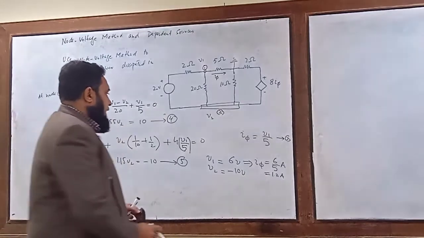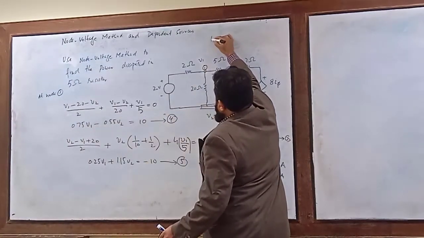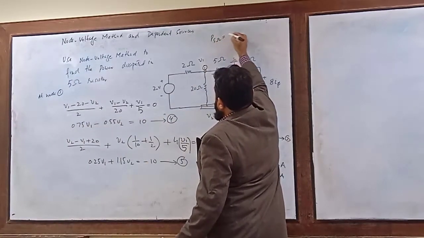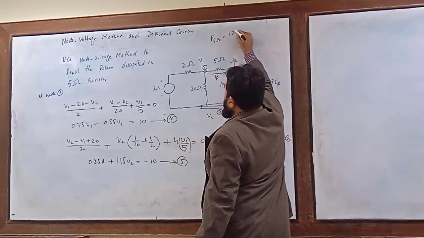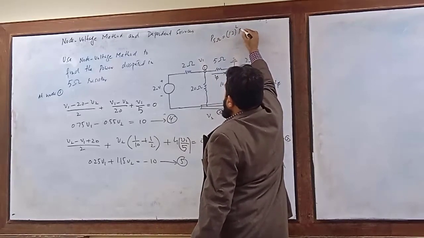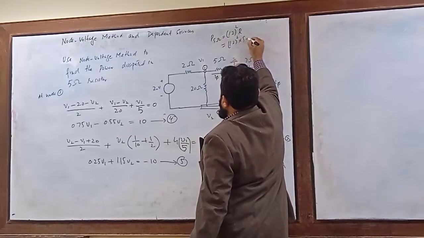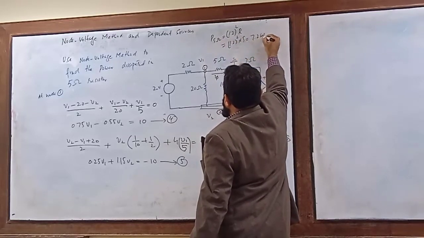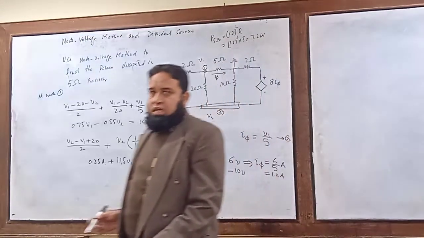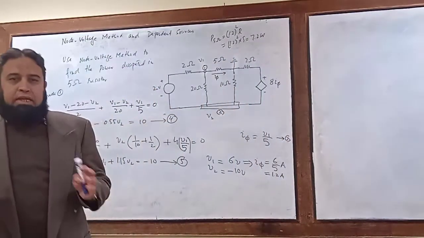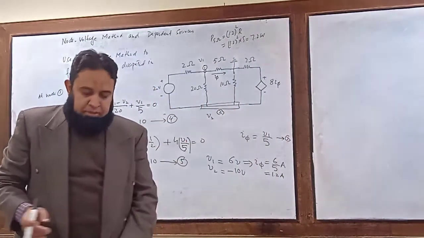So now again, we have the power dissipated in the 5 ohm resistance, I squared R. So 1.2 squared multiplied by 5 is 7.2 watt. You see, the power dissipated is exactly the same as in the first method.